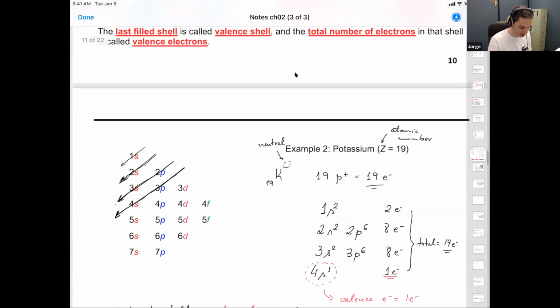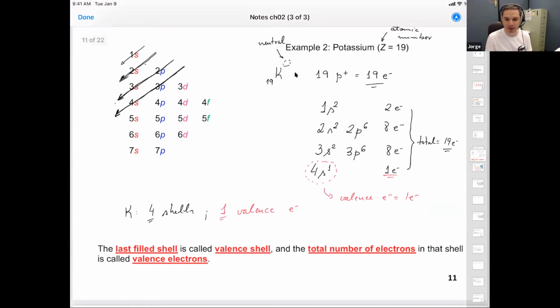If we look at potassium, now we have 4 shells with electrons. However, we have something in common with sodium, which is 1 valence electron, okay? So although sodium and potassium are different elements, they share the same number of valence electrons, which is 1.